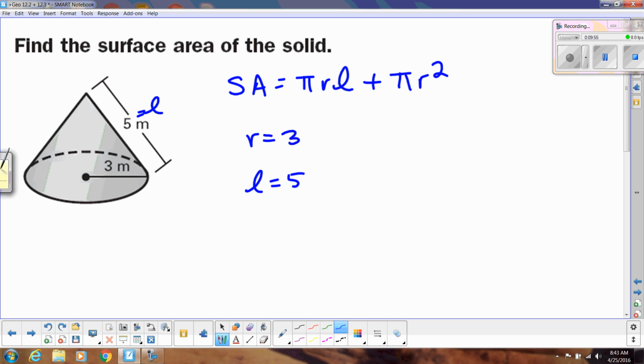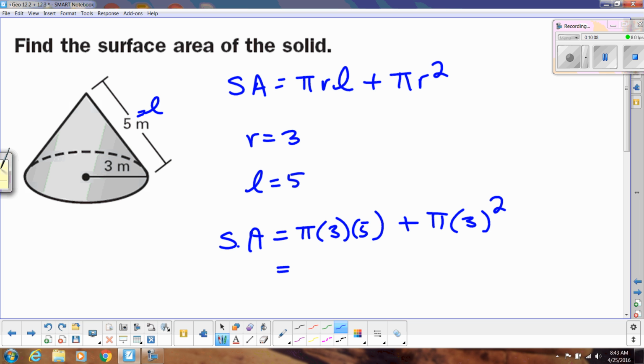So my surface area is going to be pi times 3 times 5 plus pi times 3 squared. So this is going to be 15 pi plus 9 pi, since they're both pi's, add them together. And that's going to give me 24 pi meters squared for our surface area.